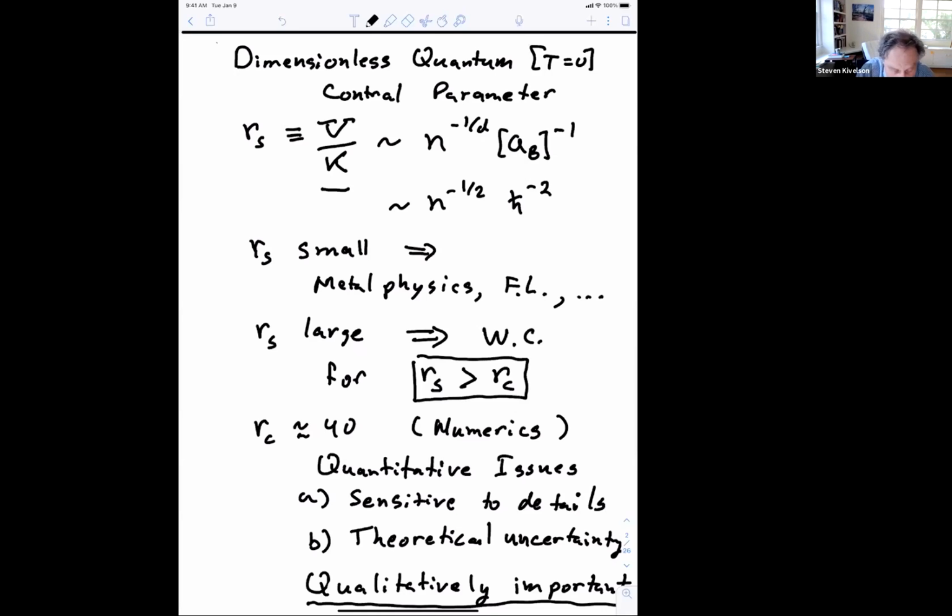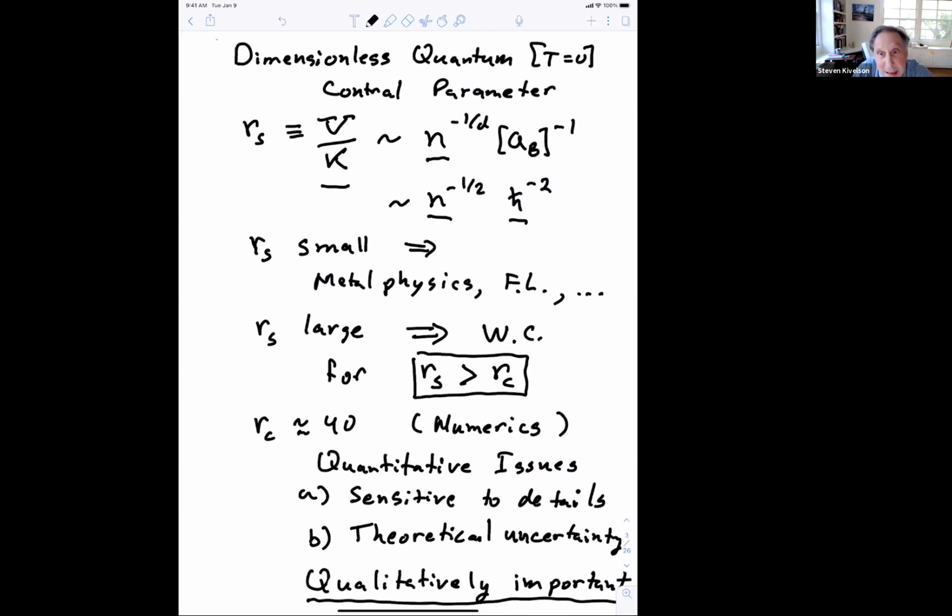For Coulomb interactions, that goes like the density to the -1 over the dimension power, which means in 2 dimensions, it goes like the density to the -1/2 power. It also goes like h bar to the -2 power. So large r_s is both more classical and more potential energy dominated.